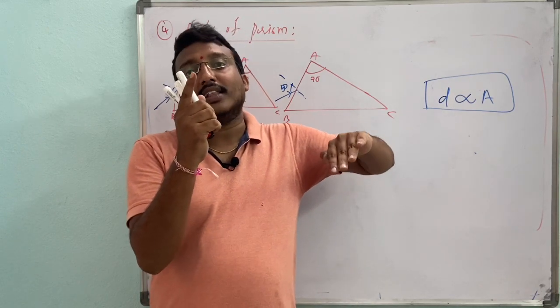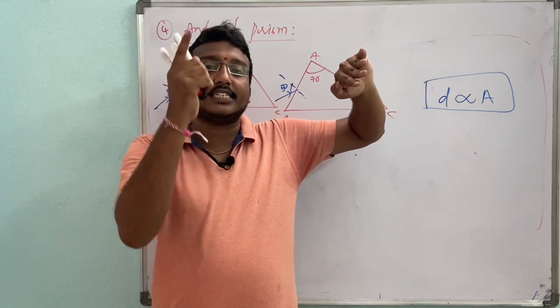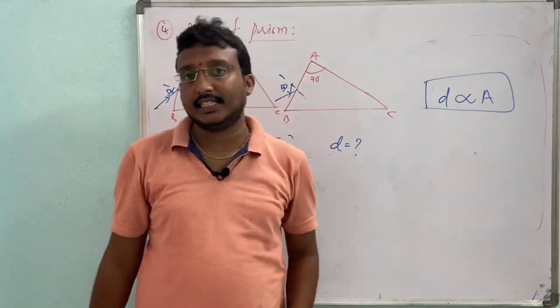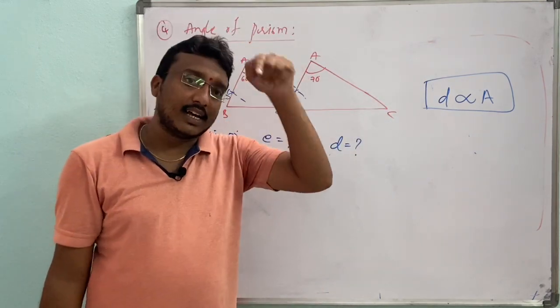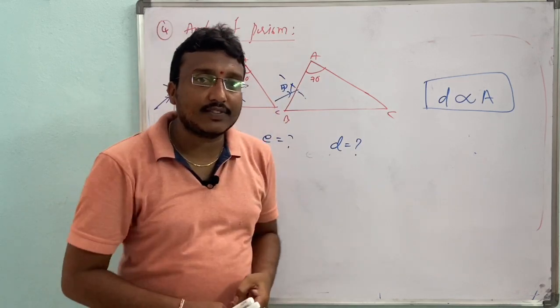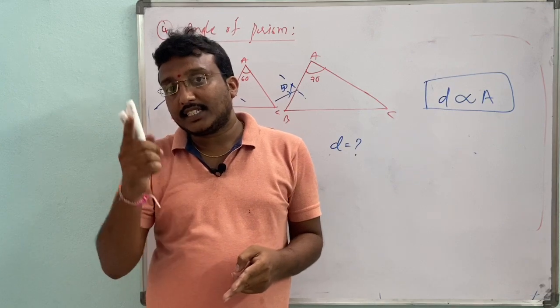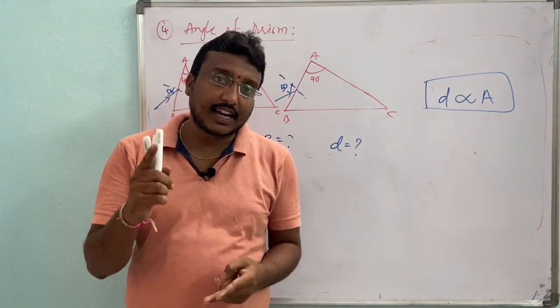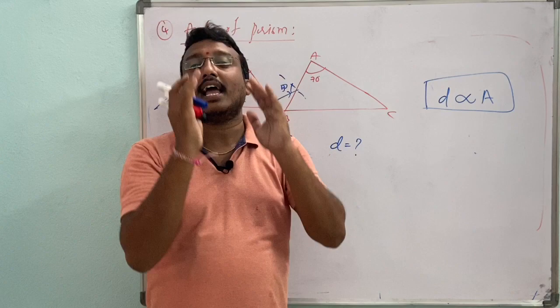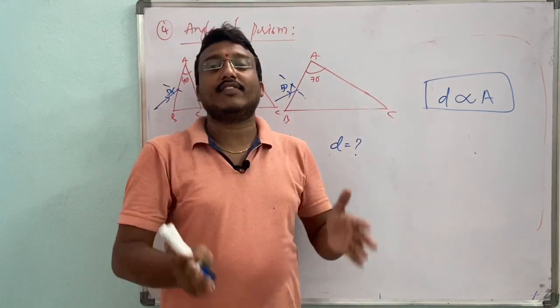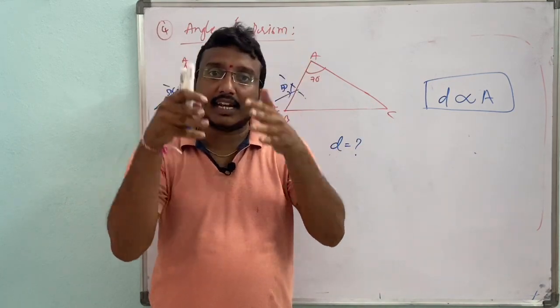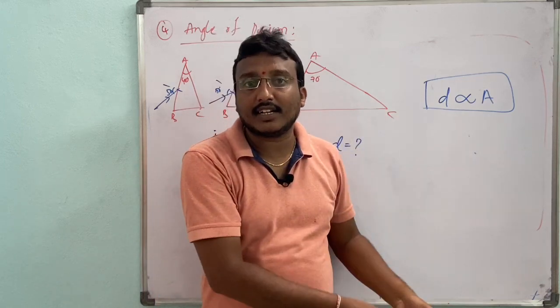After that, the angle of deviation increases along with the angle of incidence. This is the conclusion. The next factor we discussed is the refractive index of the material. If the refractive index of the material increases, the angle of deviation increases. If the refractive index of a material decreases, the angle of deviation also decreases.